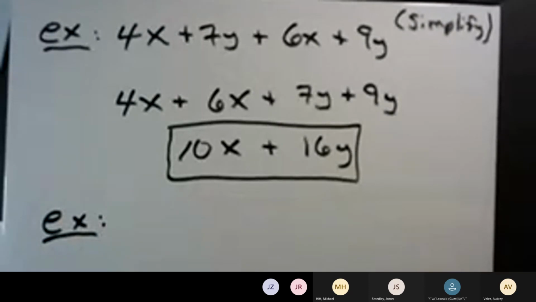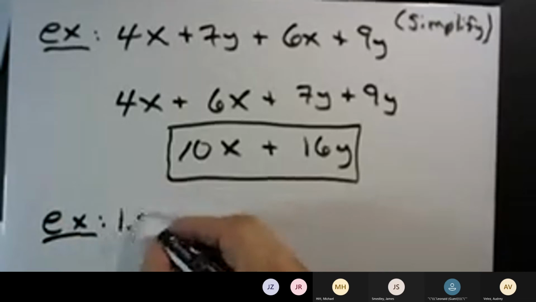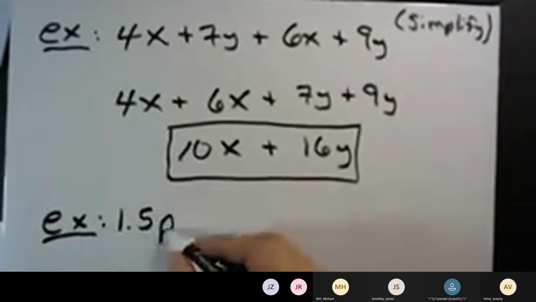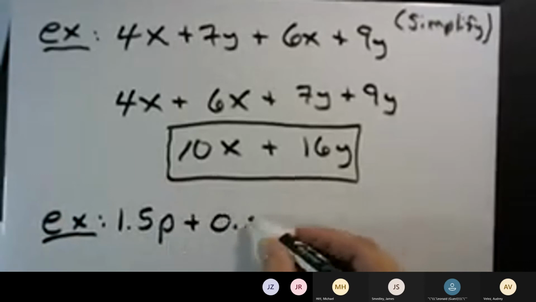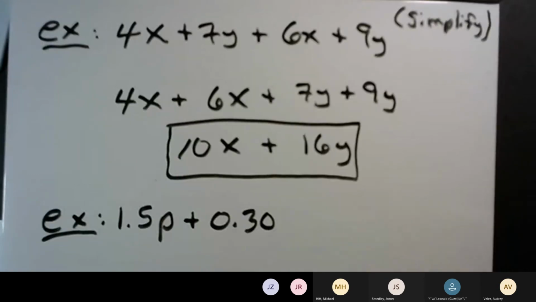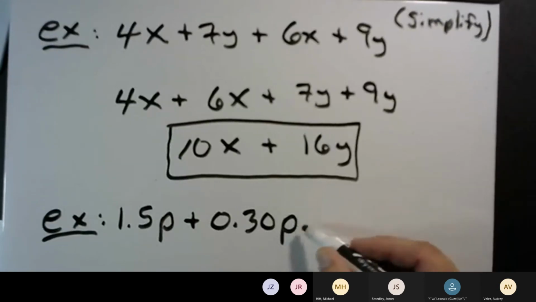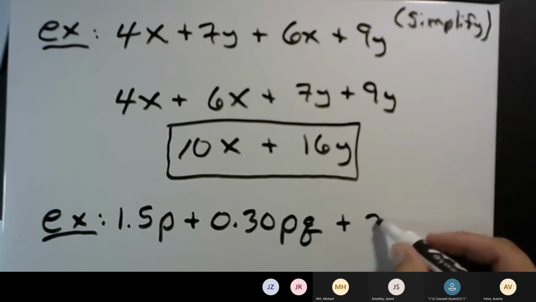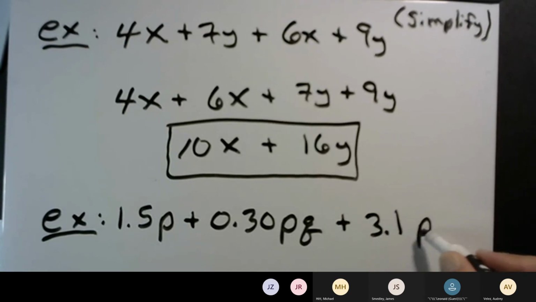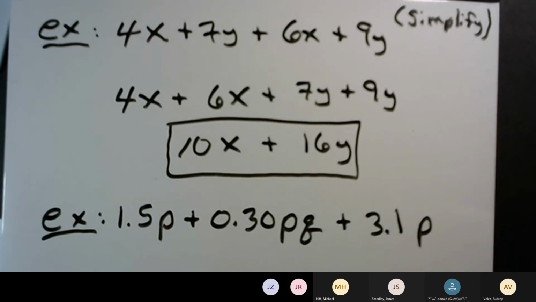So let's say we have something like this. And we're not limited to x and y's. Now, I mentioned last time, we typically choose x because it's easy to write and it doesn't look like other numbers. But you're going to find they're going to use all kinds of variables.